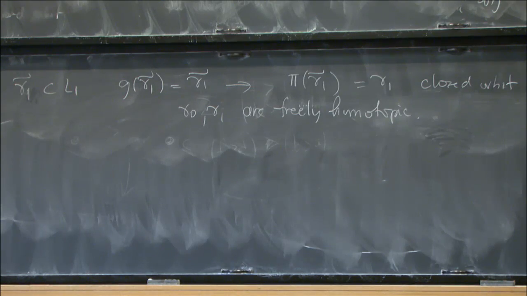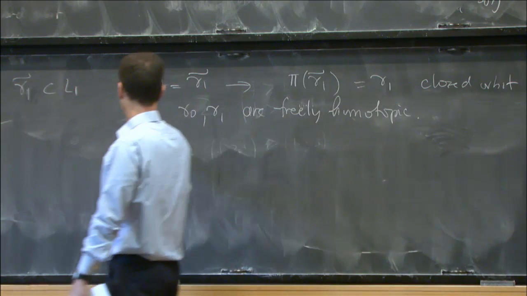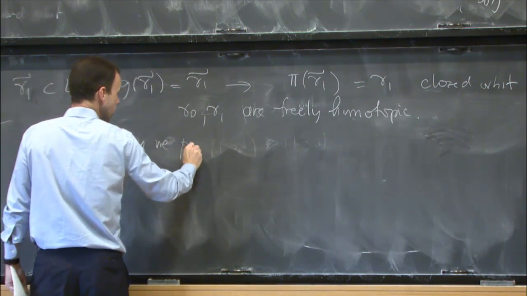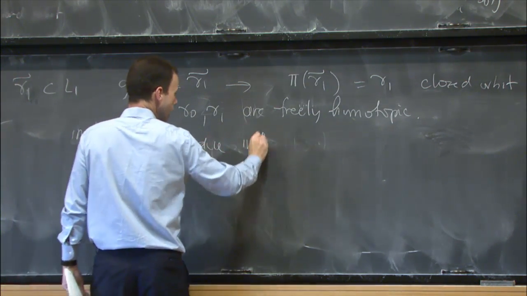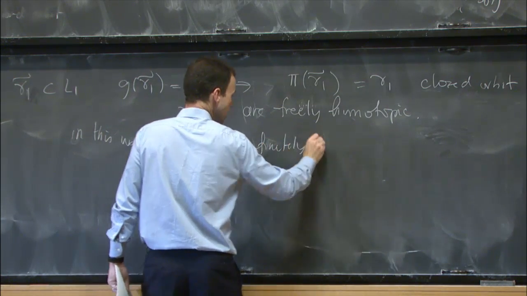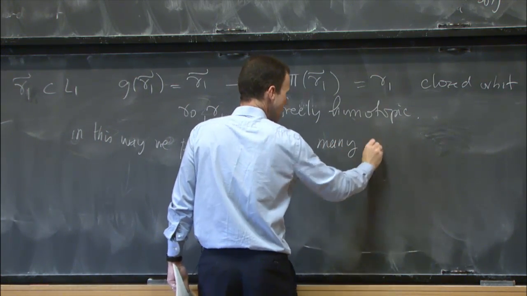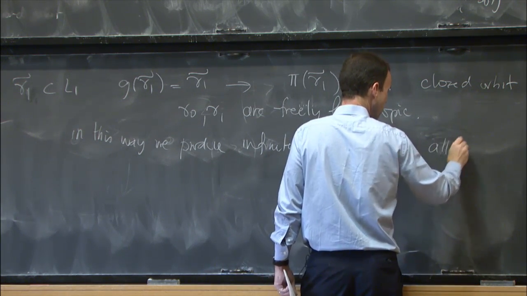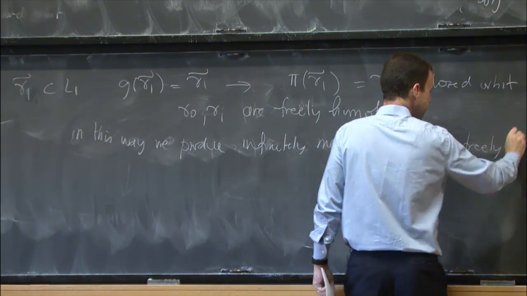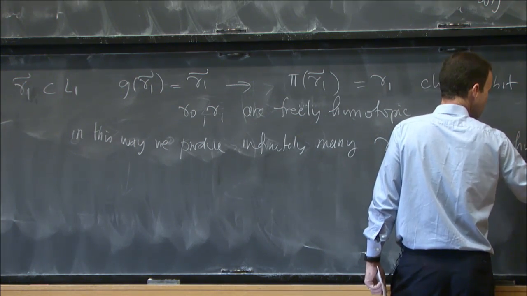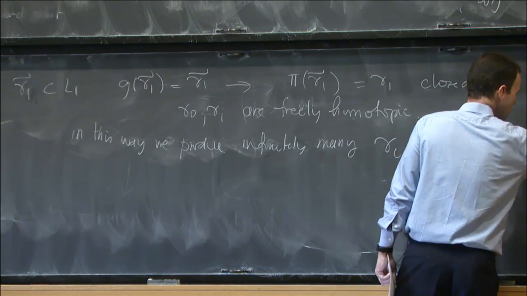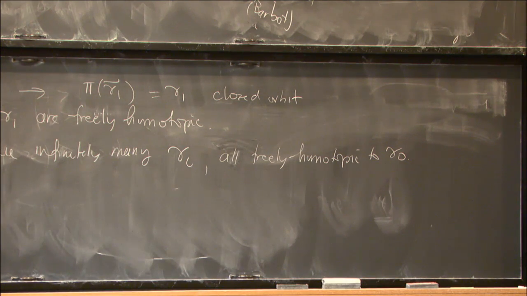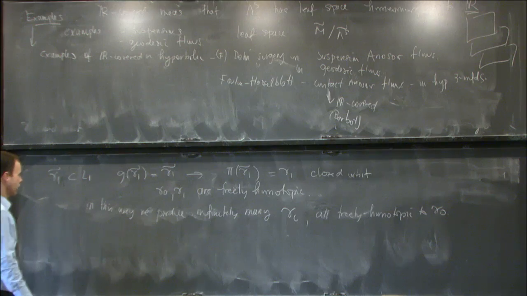So in this way, we produce infinitely many gamma i, all freely homotopic to gamma 0. Yeah, but I have not used yet that the manifold is hyperbolic.